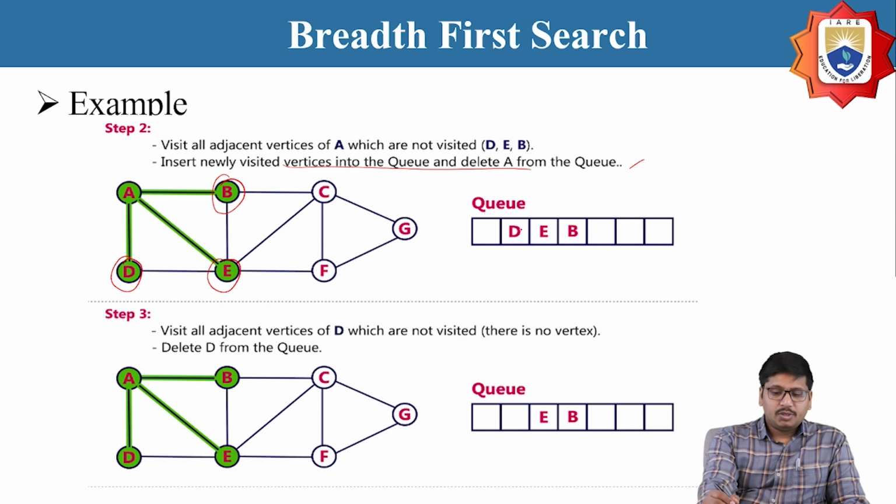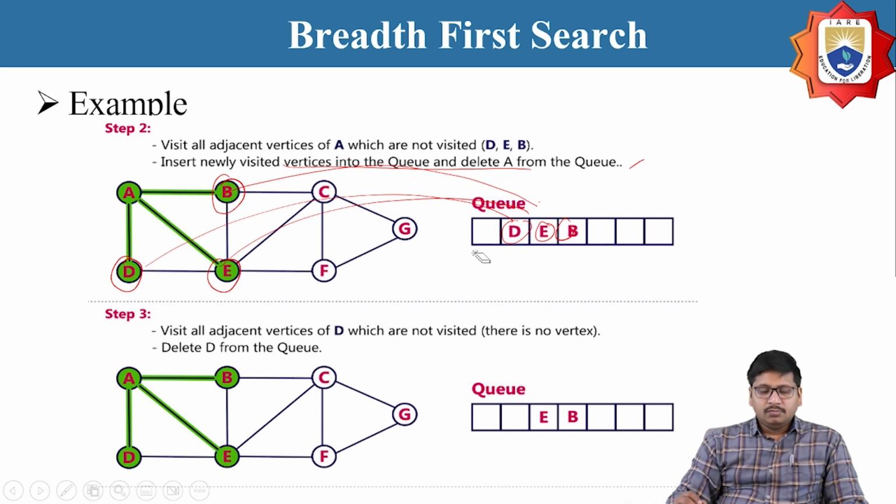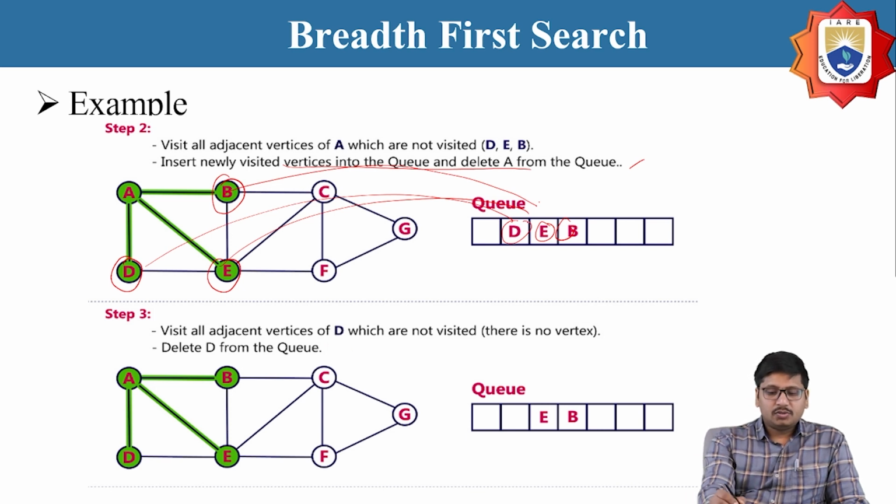A's adjacent vertices are D, E, B. I push these onto the queue and delete the vertex A. Coming to the third step, visit all the vertices adjacent to D which are not visited, push them onto the queue, and delete vertex D also.